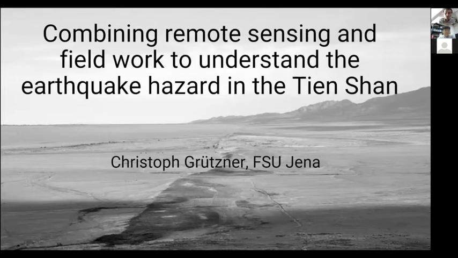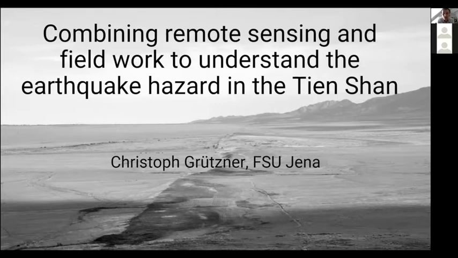Really, this talk has a focus on two different things. The first thing I want to get across is how we can use different data sets and different methods and how we should combine them to get the information that we need to understand the earthquake hazard.